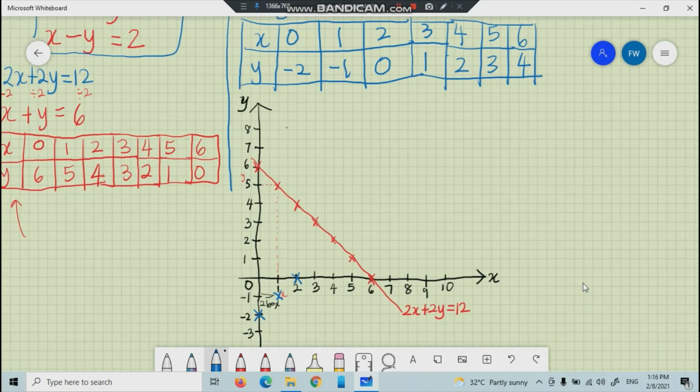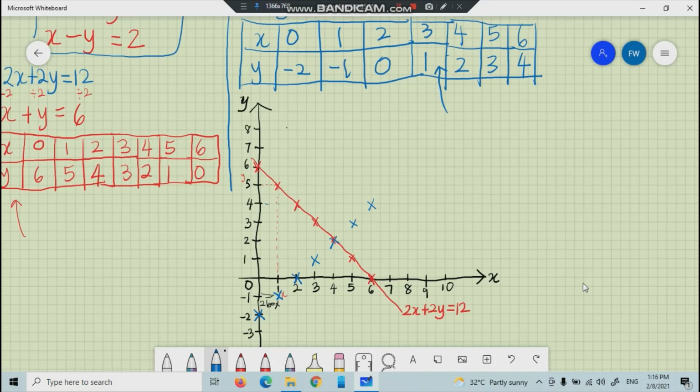So we continue with our marking. When x is 3, here, x is 3, y is 1. When x is 4, y is 2. Okay, we have our intersection there. When x is 5, y is 3. When x is 6, y is 4.